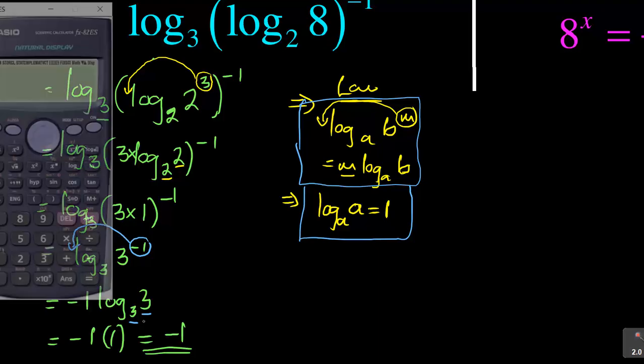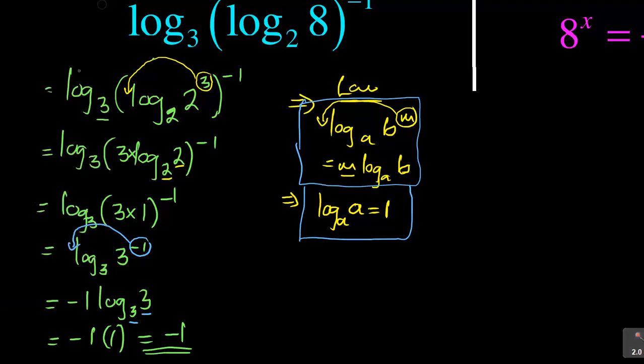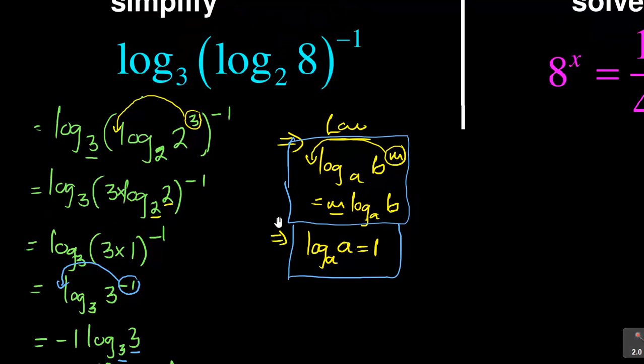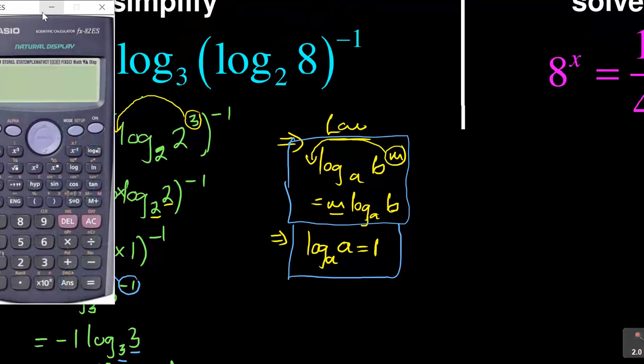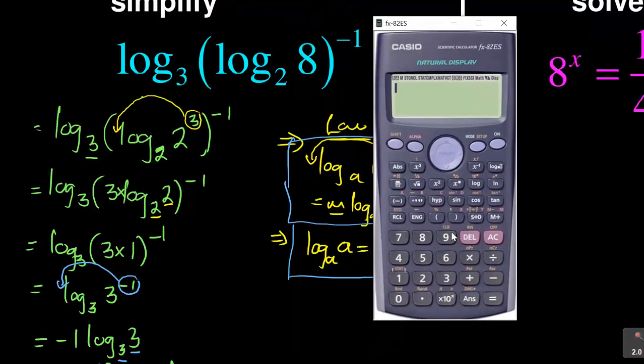Let me use the calculator in a different way. Sometimes the way you enter it into the calculator can cause an error. So let's do this. Let me say log base 2 of 8, just to see what it will give me. It gives me, in this case, 3, which is what I got. I got 3 times 1.